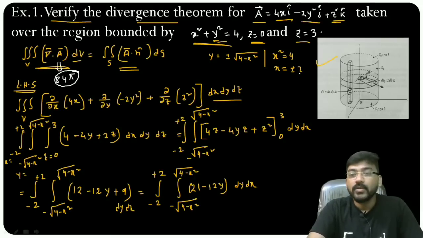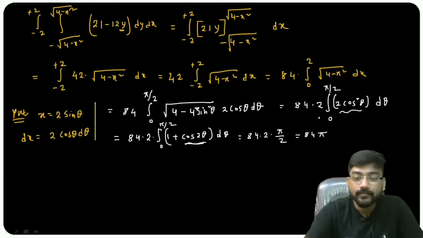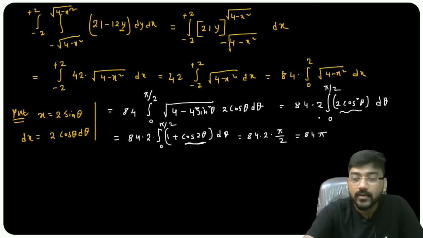You have to do just now surface integration. Okay, we have to do surface integration for these 3 surfaces: for z is equal to 0, z is equal to 3, and this curved surface. So now let me do the surface integration here.